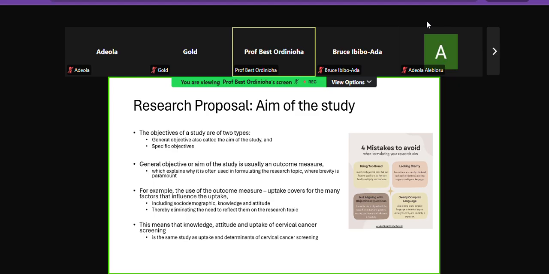In fact, even during your final defense, when the dean of the School of Graduate Studies or his representative comes, they will come with the official protocol, and they want you to write it as written there. So for the aim of the study, please note, it is aim, not the general objective.